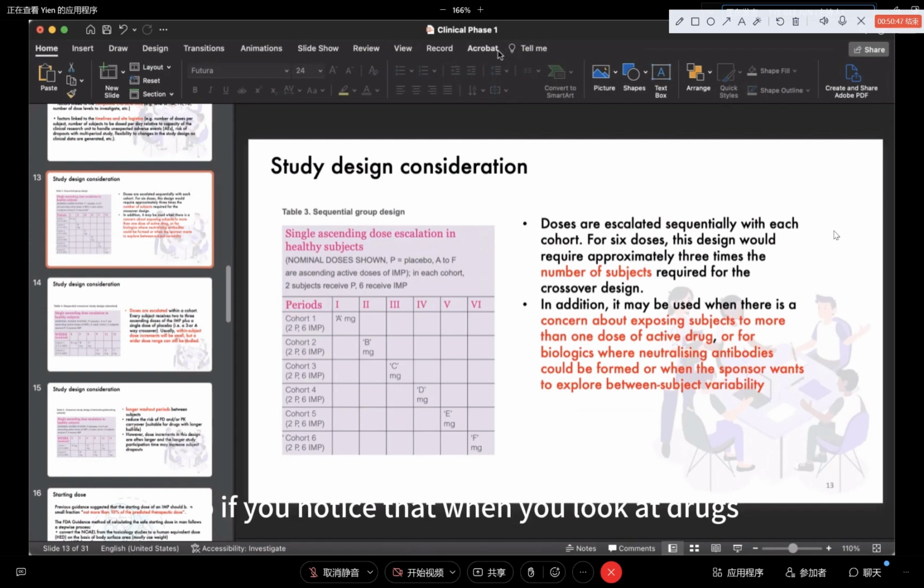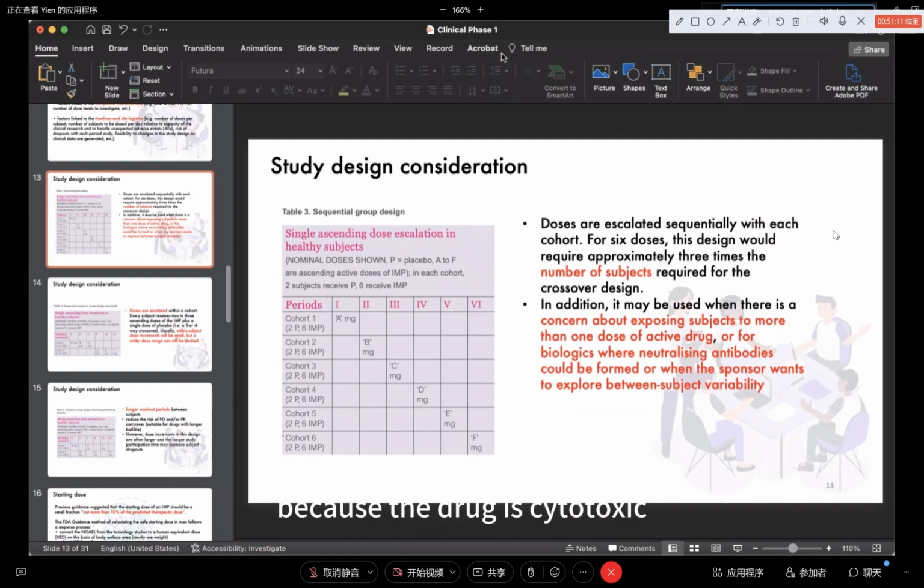If you notice, when you look at drugs, there are always side effects, be it nausea, be it gastric, be it whatever. So even if you need to treat, for example, a chronic cancer with chemotherapy, you don't want the drug to stay too long in the body as well.